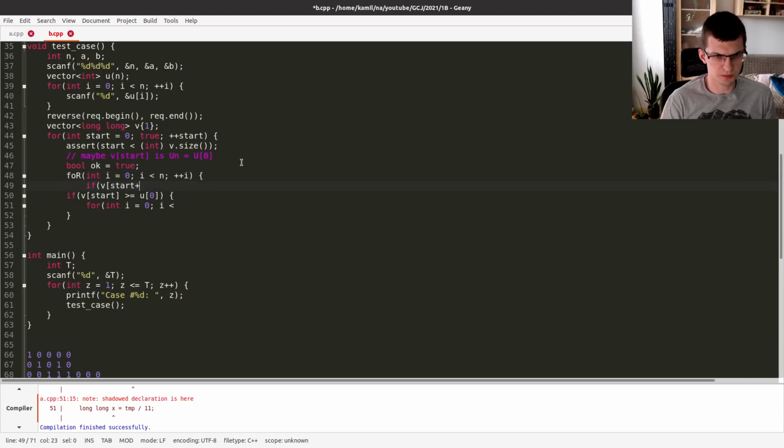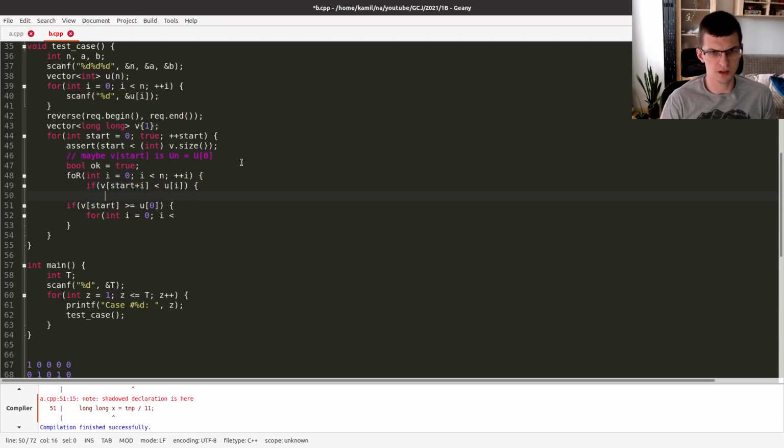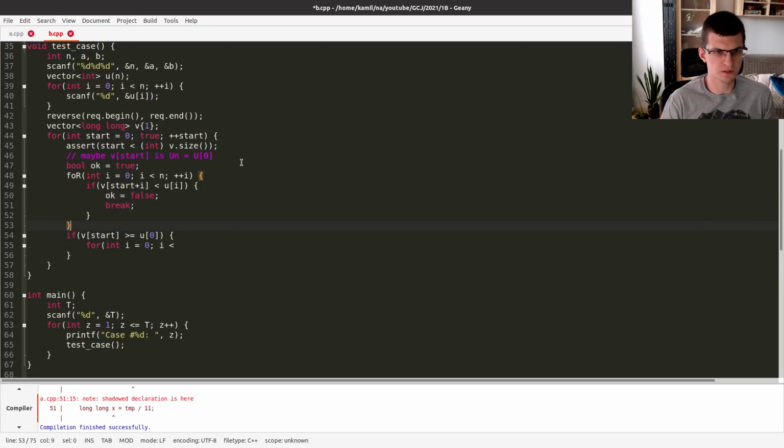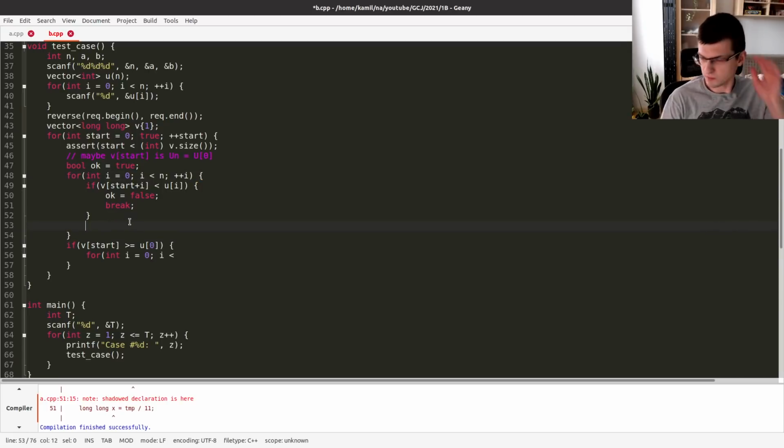V of start plus I. If that's smaller than that corresponding element, then break, false. Otherwise I push to the right as much as possible. Extra is this.